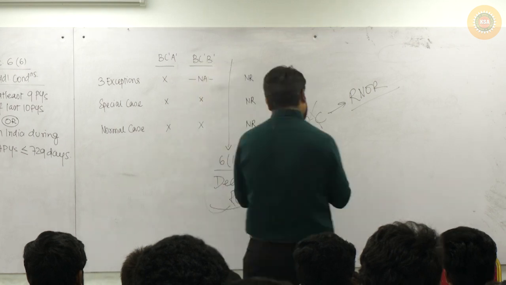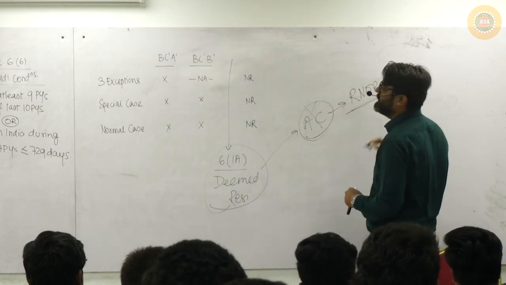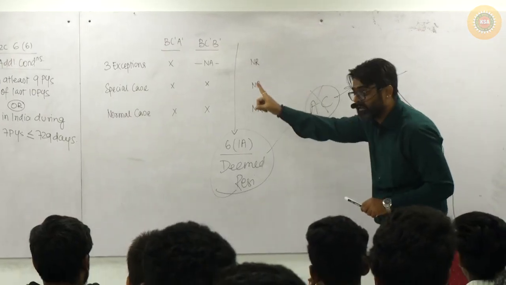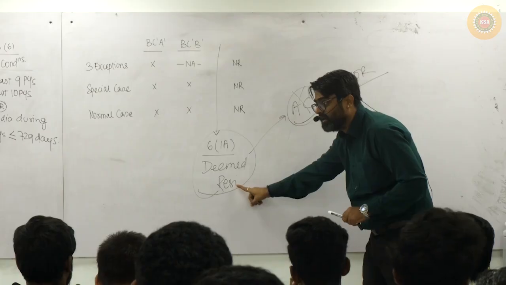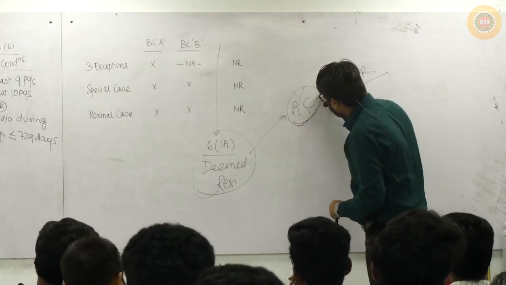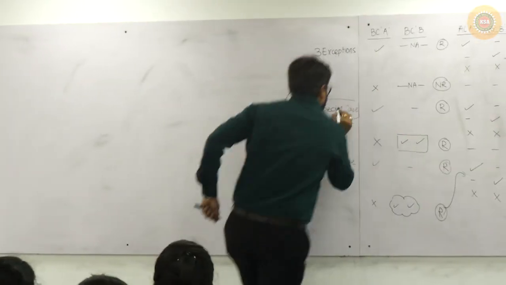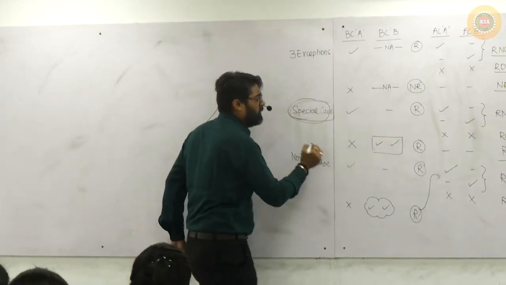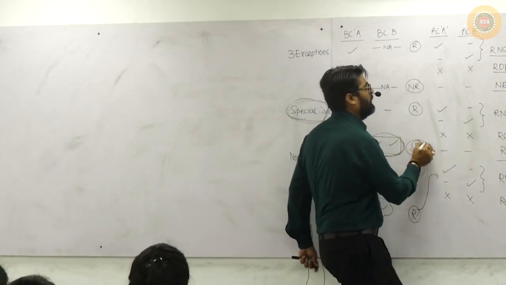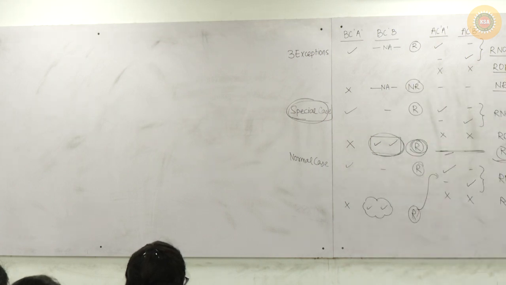Two places where additional conditions are not checked. Directly the assessee is treated as RNOR. First, when you become a deemed resident, directly you will be treated as RNOR without even checking. And second case, special case: you have satisfied special basic condition B and you are becoming a resident, then also don't check additional conditions, directly treat yourself as RNOR.